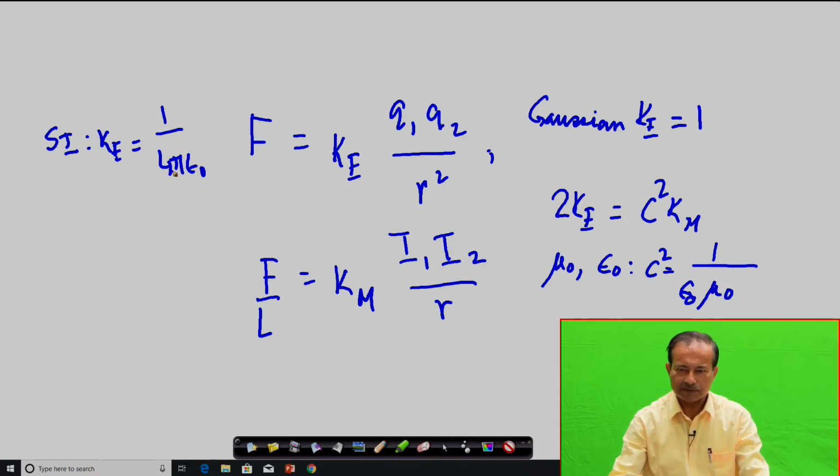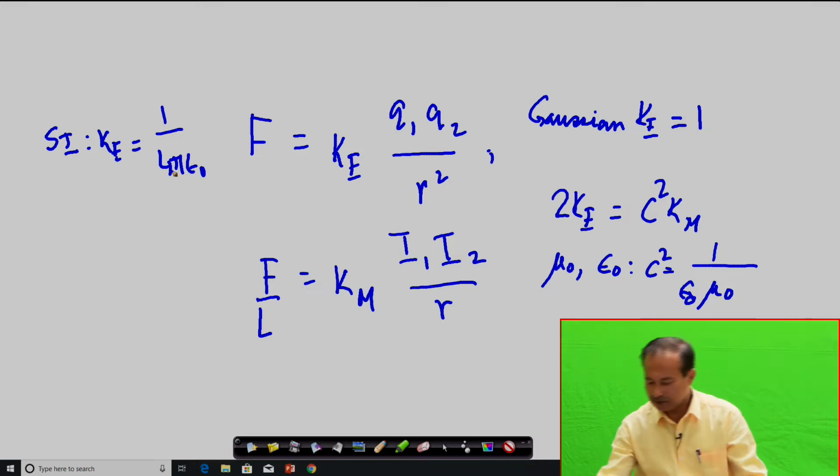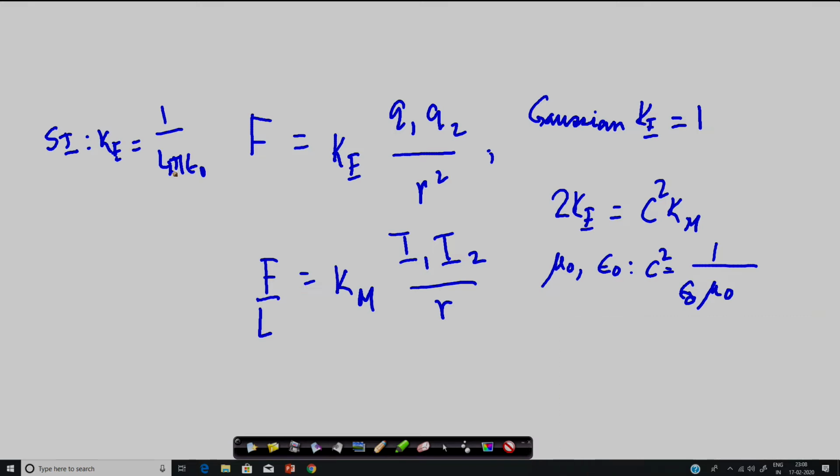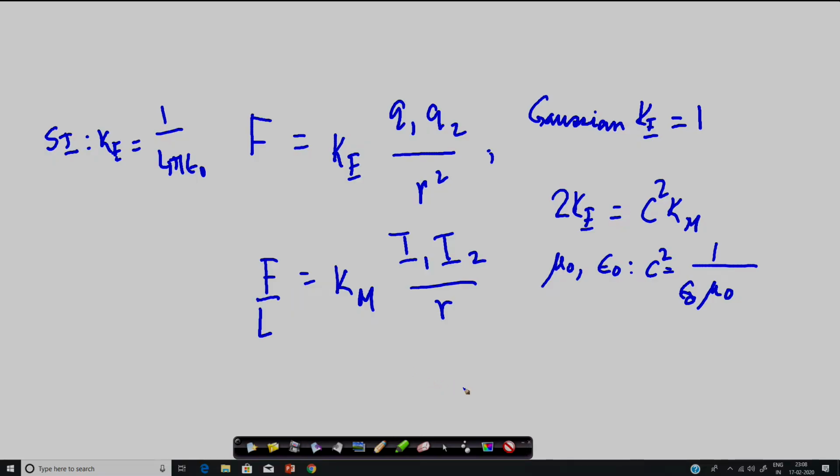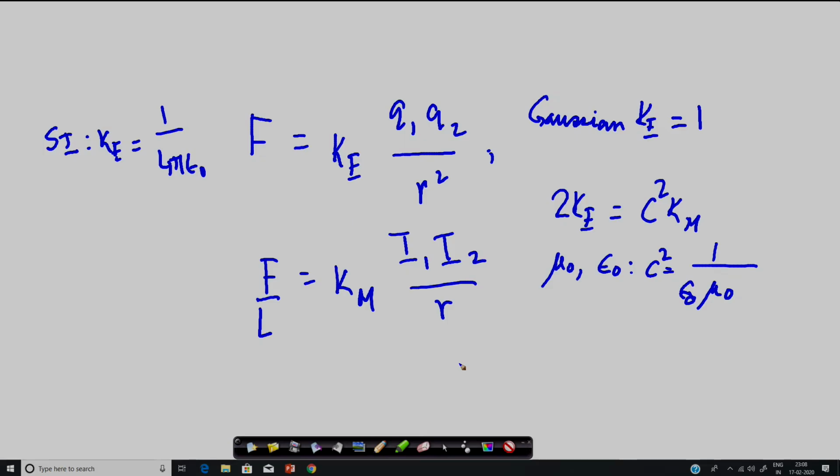So, there is not much of a difficulty in going from one unit system to the other. The main reason for this difference is that in the MKS unit there is one more quantity which is used: they define the current as something called an ampere, which is not done in the Gaussian unit. In the Gaussian unit one starts from the charge, and since charge is related to force, you can express charge in terms of force: charge square equal to force into r square.